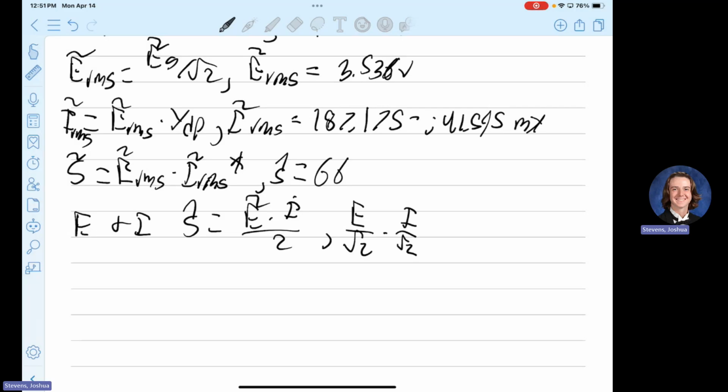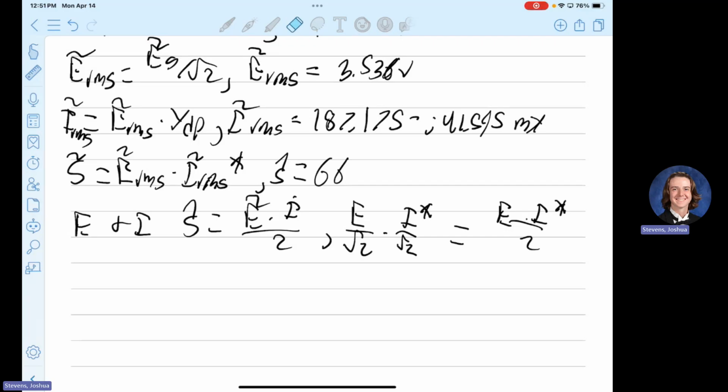Well, what's square root 2 times square root 2? Same thing. So since we found the RMS value, we don't have to do that. But if you were just to find the current and voltage straight up, you would have to divide by 2. So that's important.